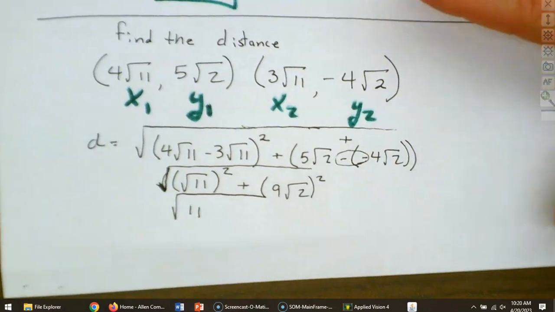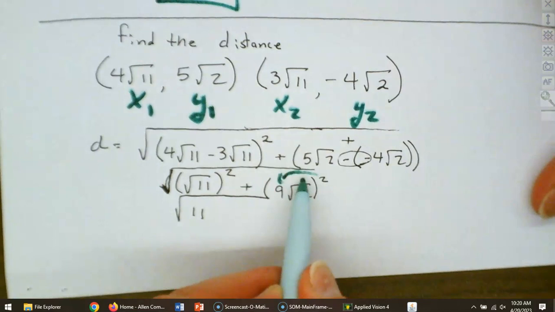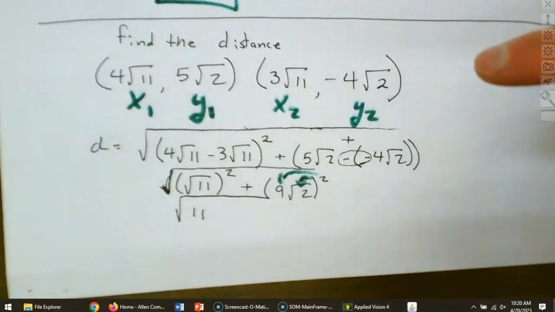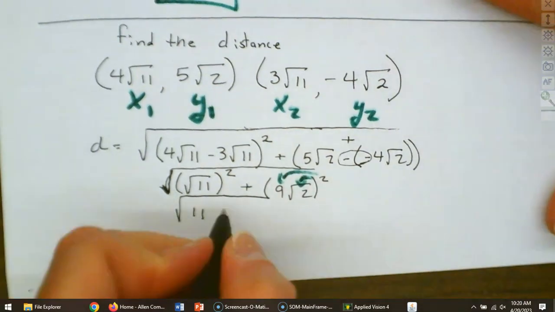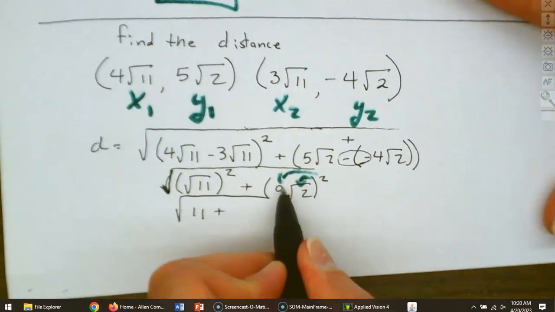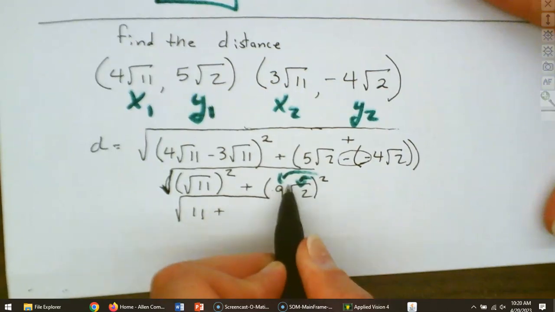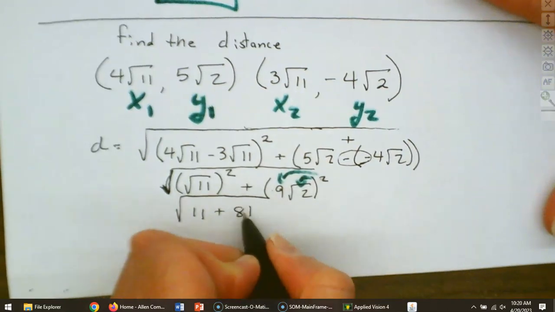What about the next one? Well, for the next piece, this 2 has to be distributed through. So we need the square to go through. So 9 squared. It's not 9 times 2. It's 9 squared. 9 squared is 81.